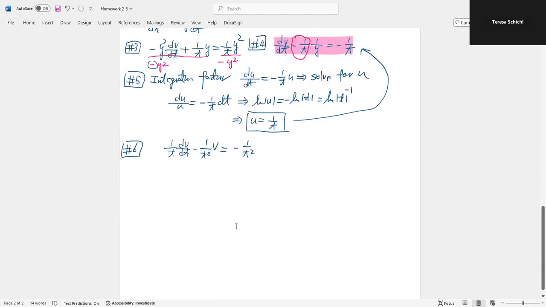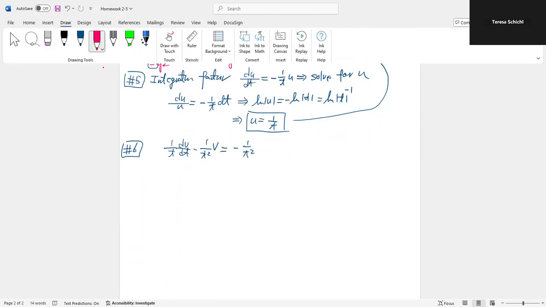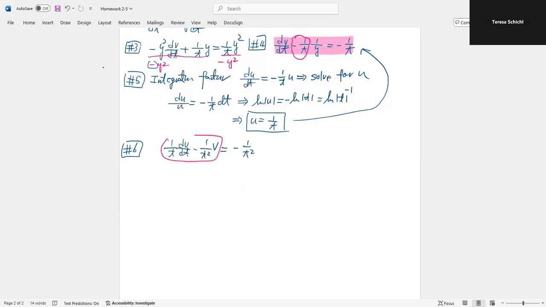And then in here, as always, we know what this one is. This is the derivative of the 1 over t, the integration factor, times v, right? If you apply the product rule to this derivative, you get this.